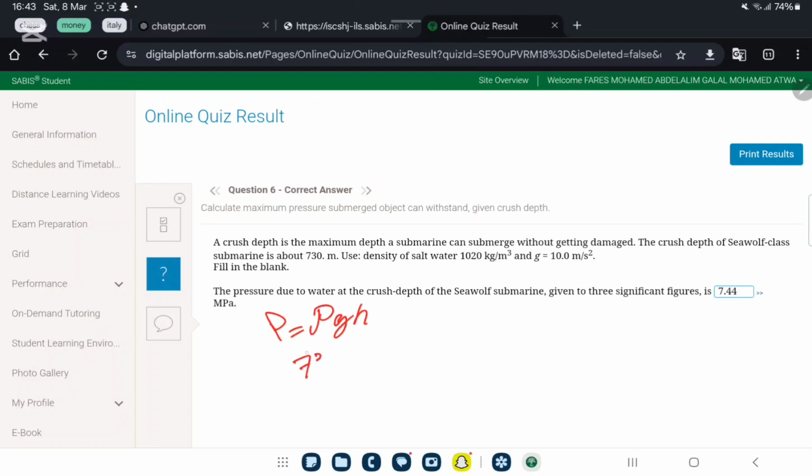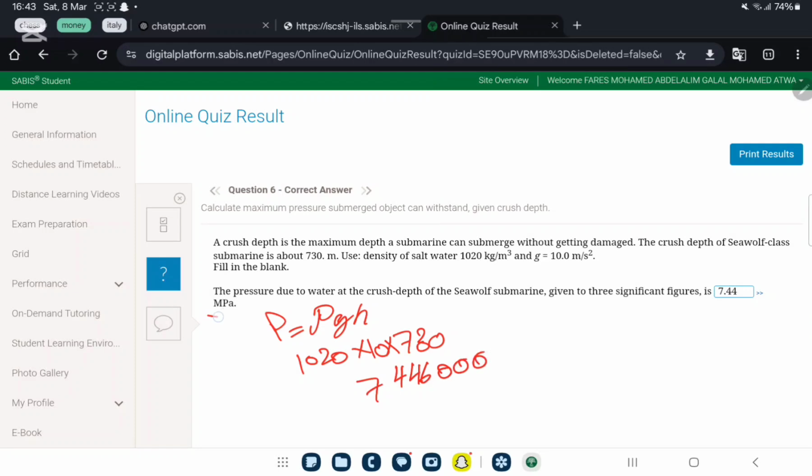Density is 1020 times G is 10 times height is 730. You put it in your calculator, 1020 times 10 times 730. You get 7,446,000.